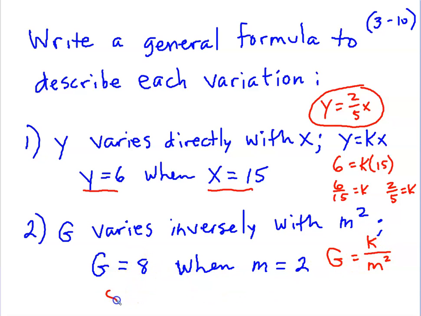So let's put 8 in for G. We're going to put 2 in for m, and then we got to square it, so that's going to make 4. So k is 32. So my final answer, this becomes the equation G is equal to 32 divided by m squared.